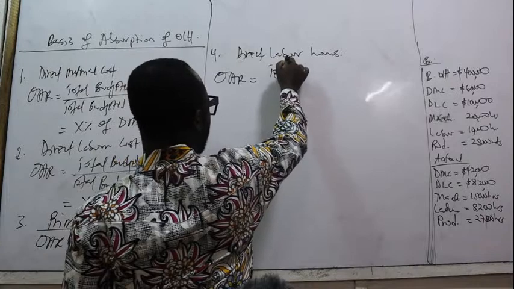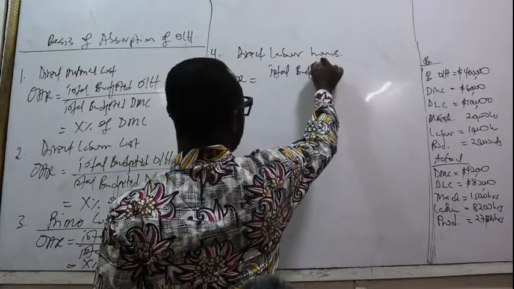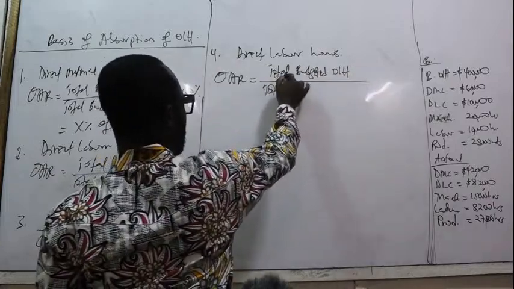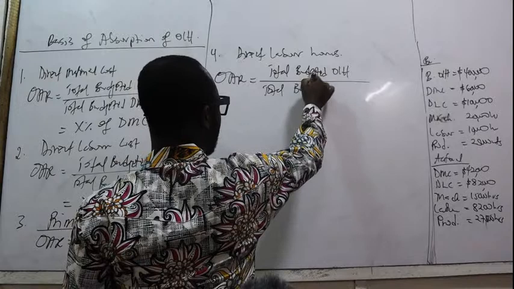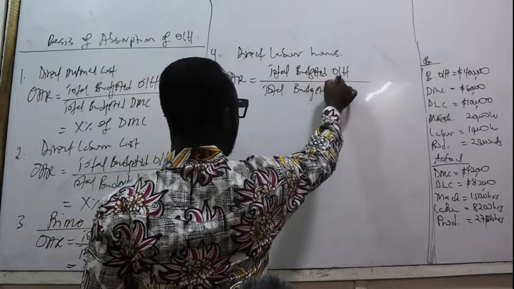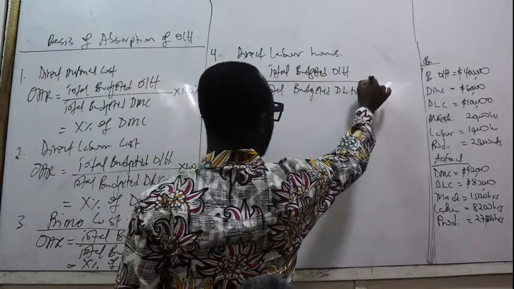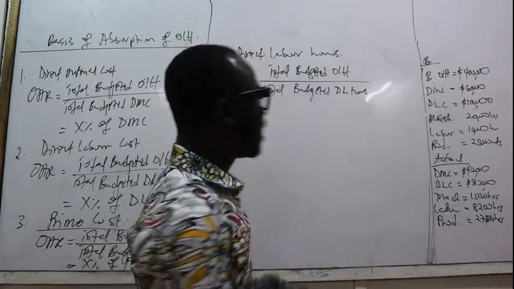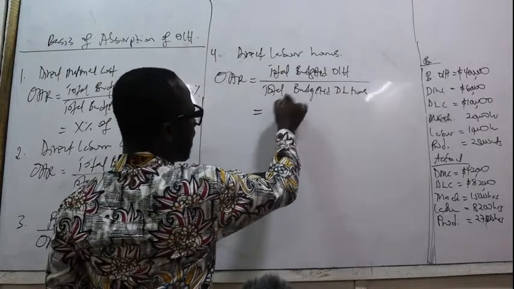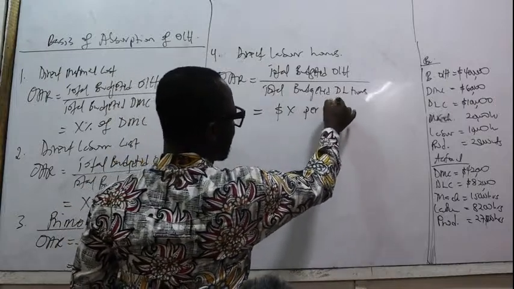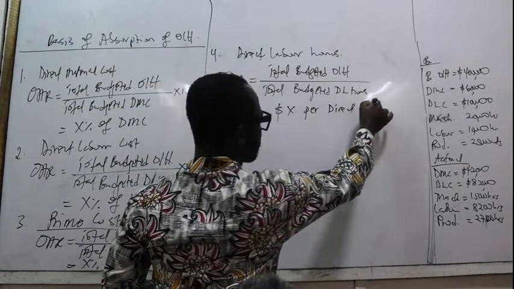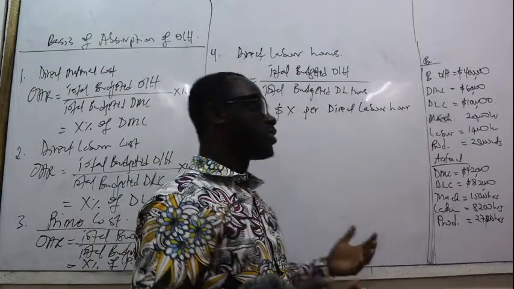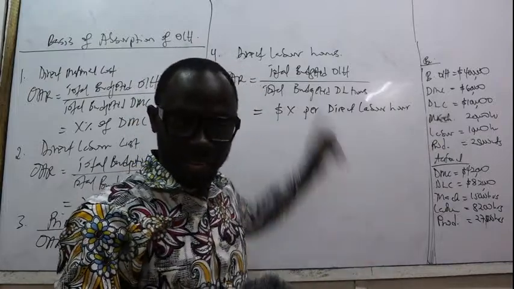Your numerator remains the same: total budgeted overheads divided by total budgeted direct labor hours. Here you won't do times anything. So your answer is going to be X dollars per direct labor hour. That's how your answer is going to be.